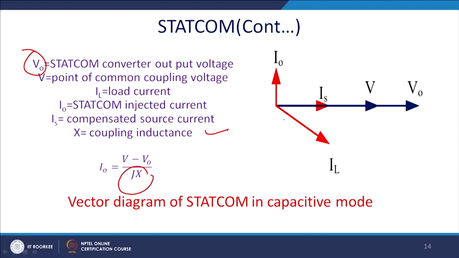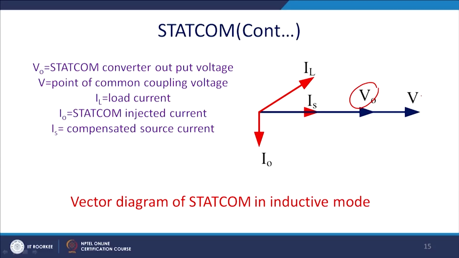From this vector diagram we can see that our requirement is to maintain unity power factor, and that can be achieved by this. So, if you require it, you need to increase V0, so that the resultant goes to unity power factor.